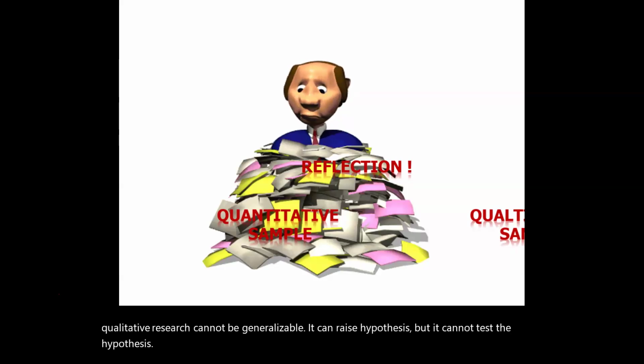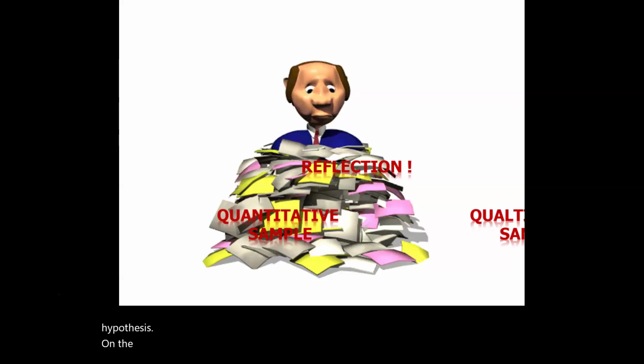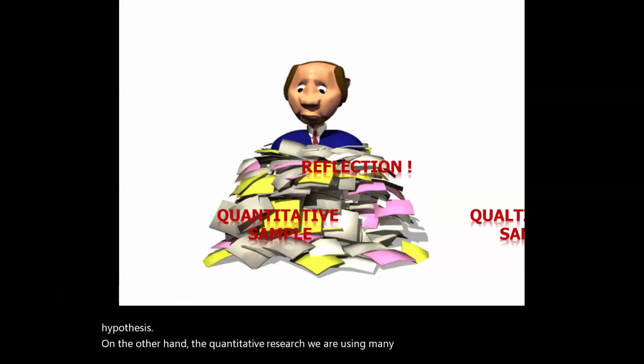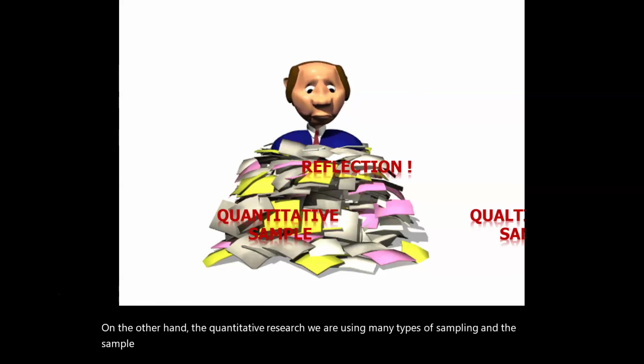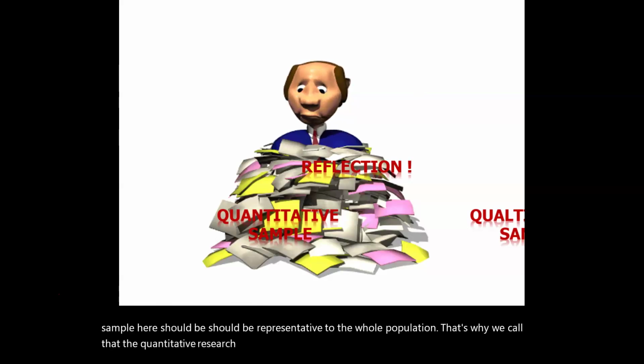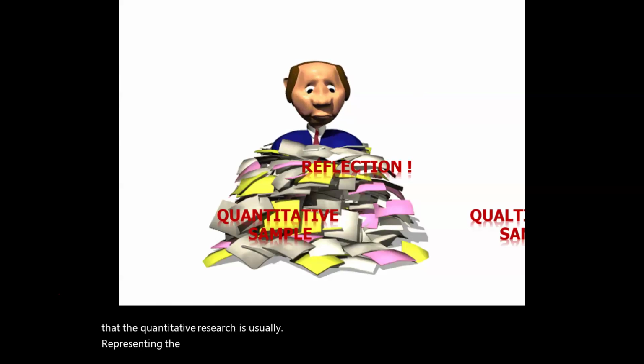On the other hand, in quantitative research, we are using many types of sampling, and the sample here should be representative of the whole population. That's why quantitative research can be generalizable, which means that it can be applied to the whole population.